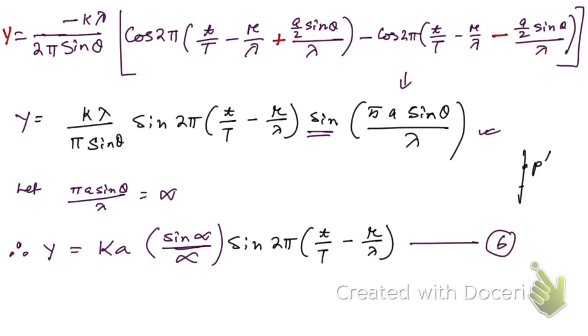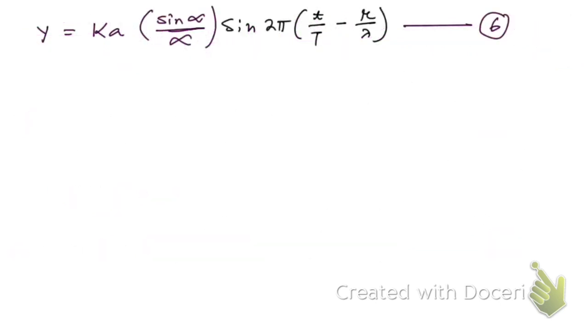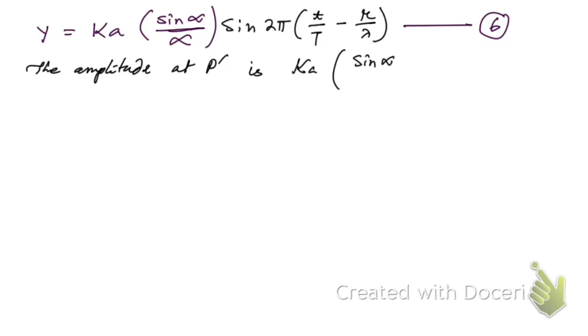So let me copy this equation number 6, and here is the last step we have got. Therefore the amplitude at p dash, not p, actually p dash, is this, that is Ka sine alpha by alpha.